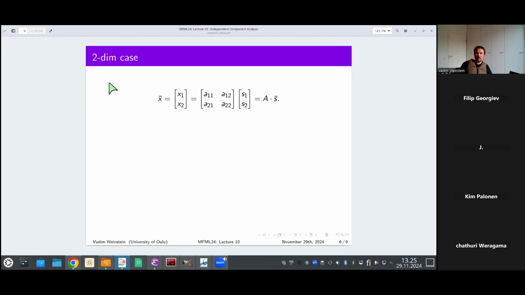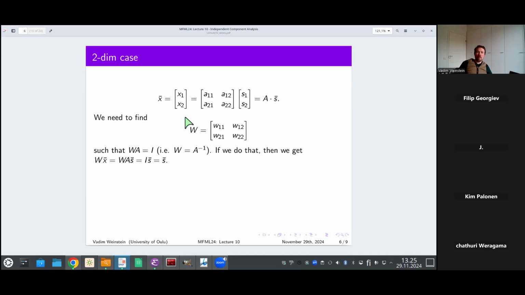This is denoted as the matrix A, this is the vector S, and this is the vector X. We want to find another matrix W such that when we multiply it by A from the left, we get the identity matrix. So essentially W is going to be the inverse matrix.